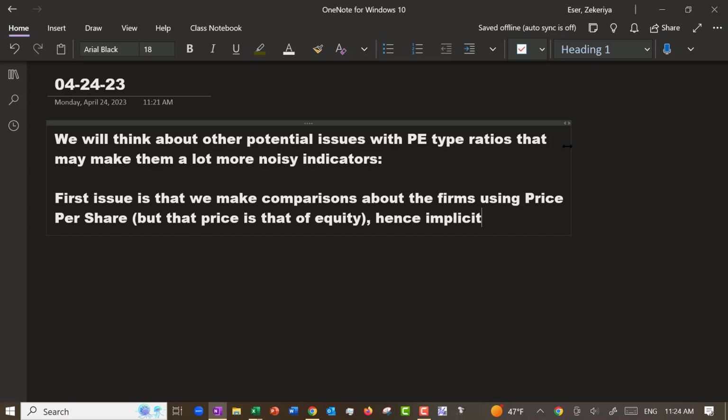Hence, implicitly includes leverage. If we compare two firms that are very different in terms of their leverage, and if we use one of them, for example, as means to get a price, we need a ratio that is free of leverage.